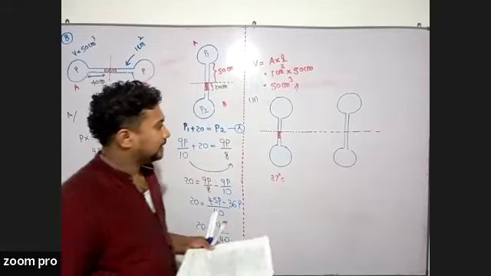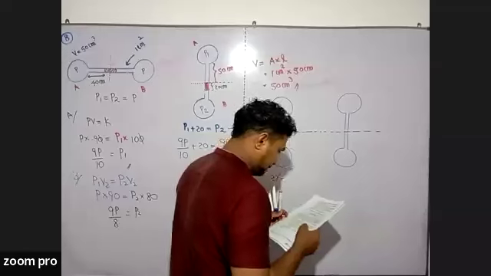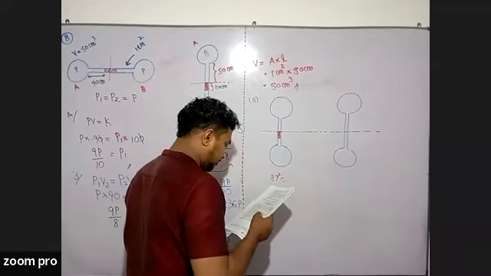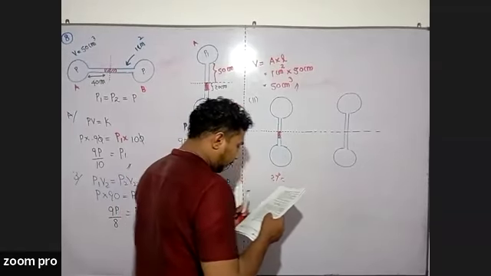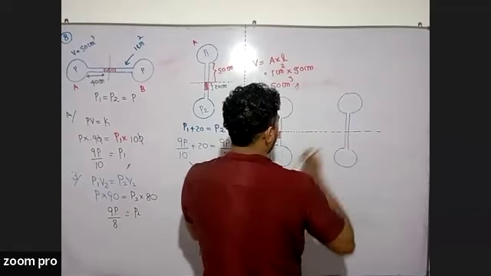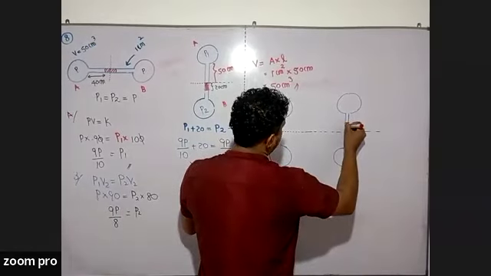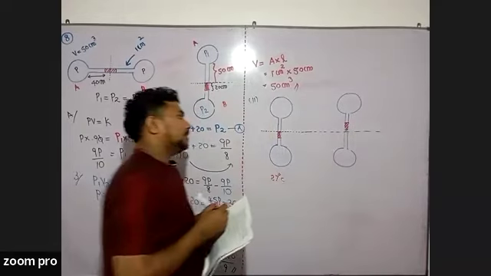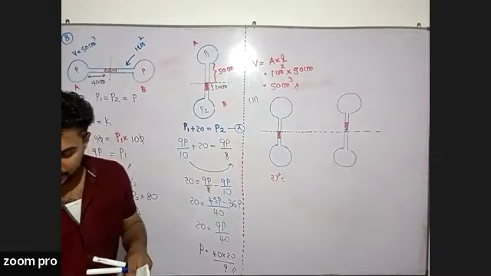Right. Then, at this point, this is the relevant position of the mercury column. Right? Isn't it?